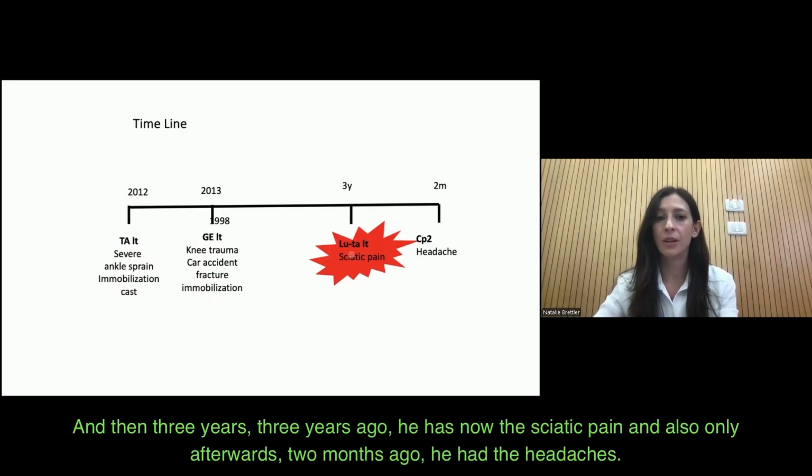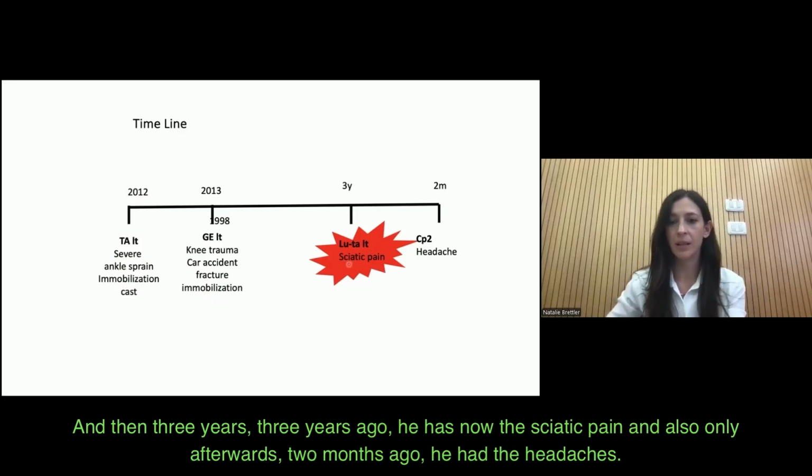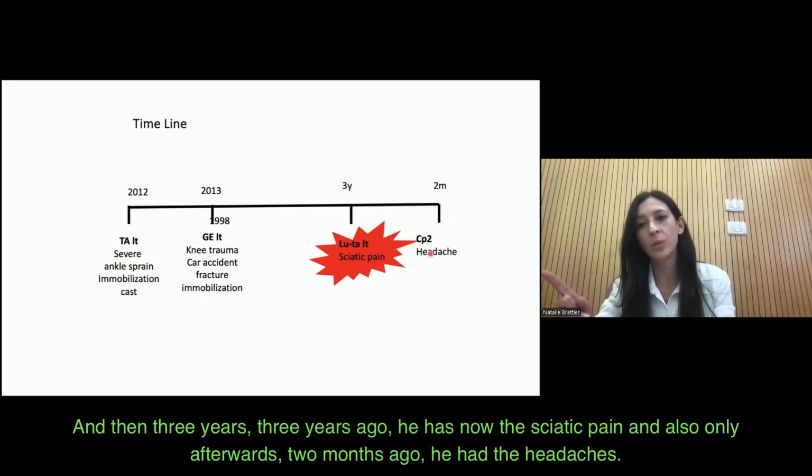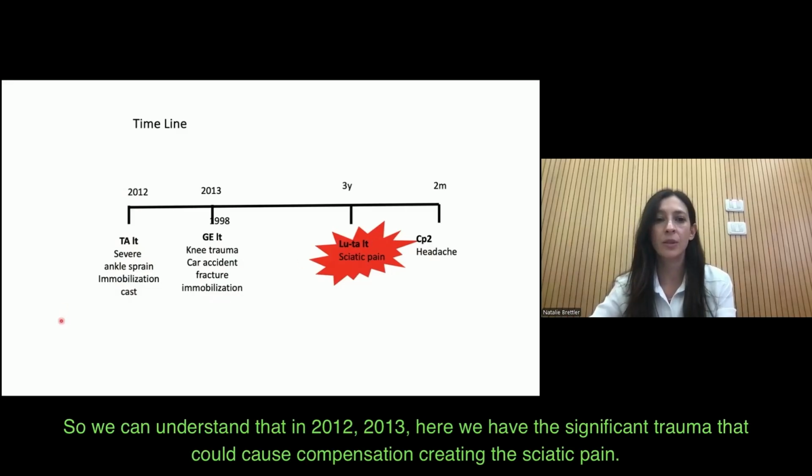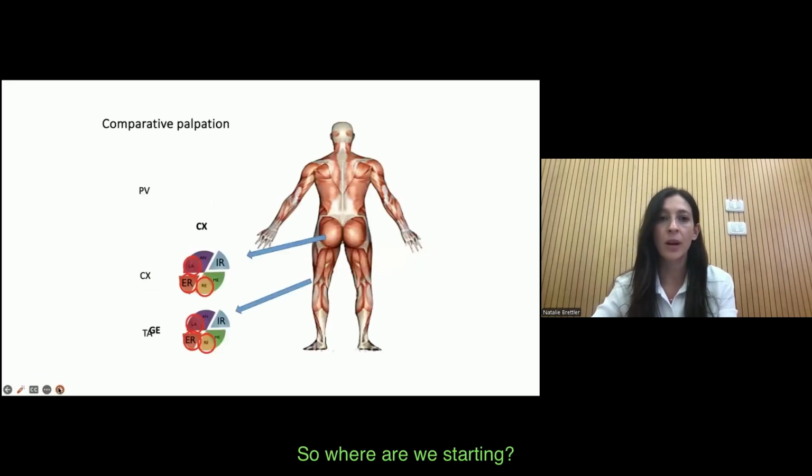And then 3 years ago, he has now the sciatic pain. And also, only afterwards, 2 months ago, he had the headaches. So we can understand that in 2012, 2013, we have the significant trauma that could cause compensation, creating the sciatic pain.